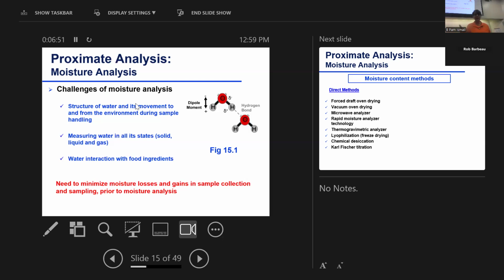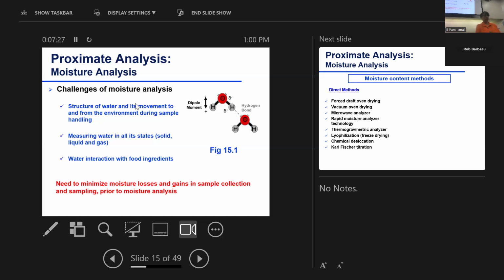So when we prepare the sample, when we store the sample, we try to protect it from losing moisture or gaining moisture. So if you have a very dry sample like Cheerios or potato chips or baby cereal, if you leave your container open while you are weighing out, or even if the TA left it open for you and then 2 hours later the lab starts, it's not going to lose moisture, it's going to gain moisture from the environment because it's too dry.